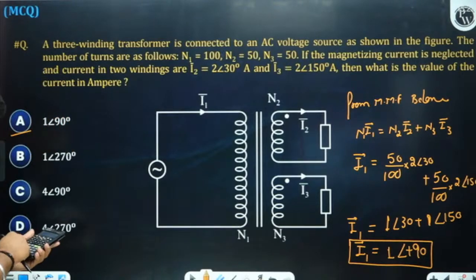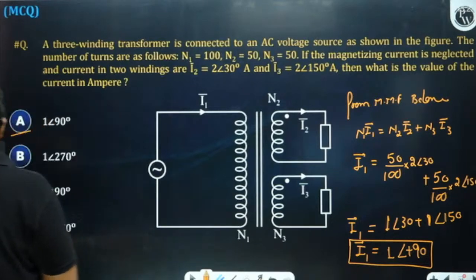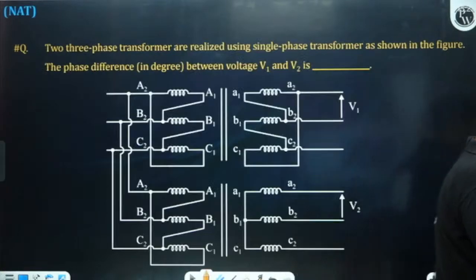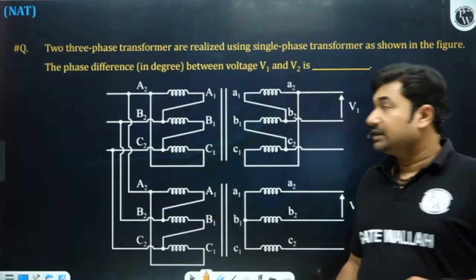Hoping all of you are able to understand this part perfectly. Let's move to the next topic.